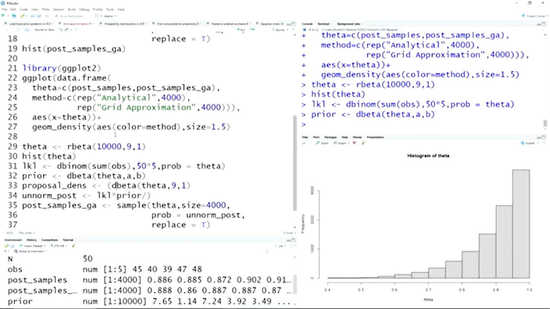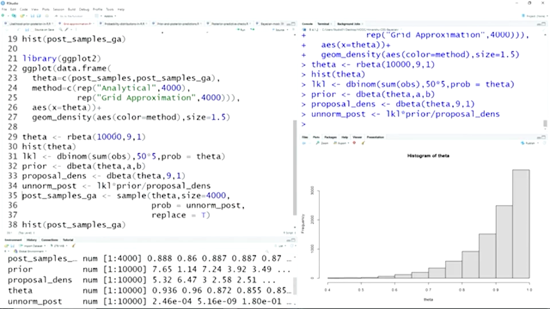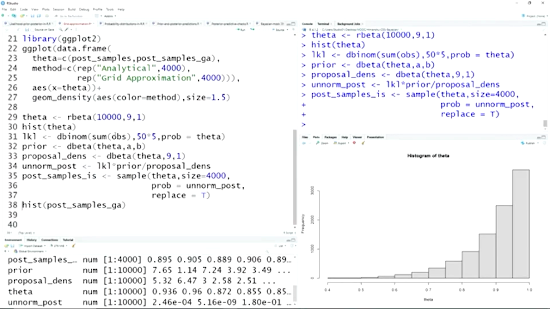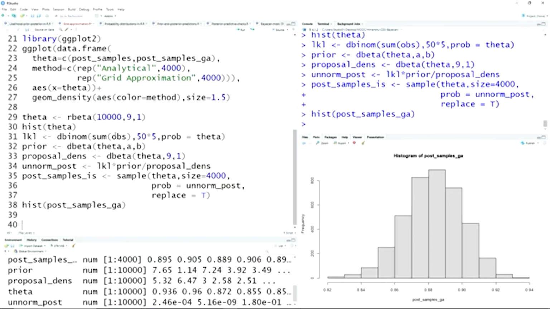When I calculate the unnormalized posterior density, I divide it by the proposal density. Now I can draw samples based on importance sampling, calling it IS. These are the samples based on the importance density.